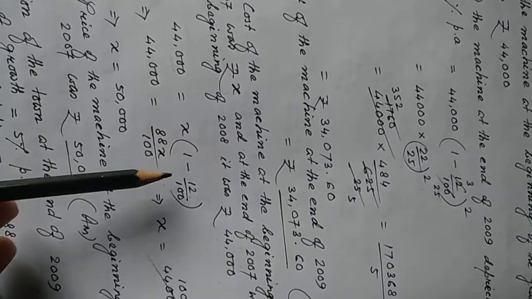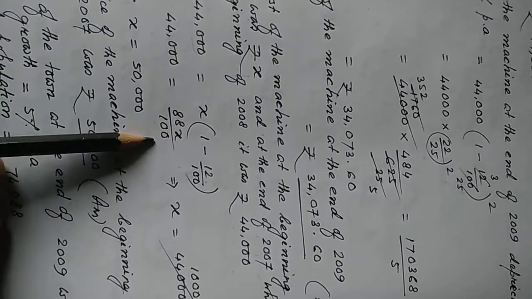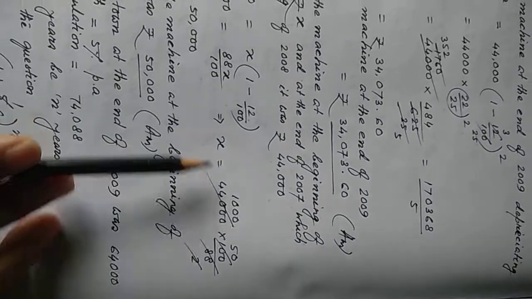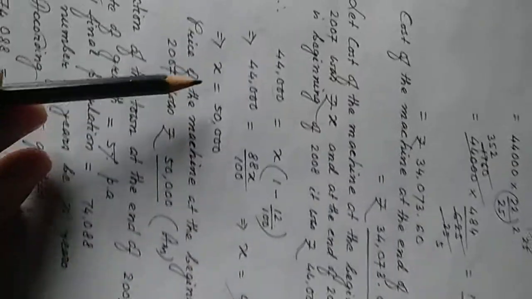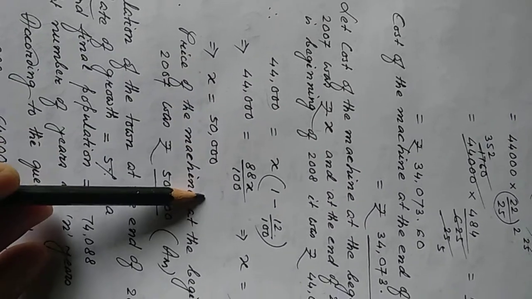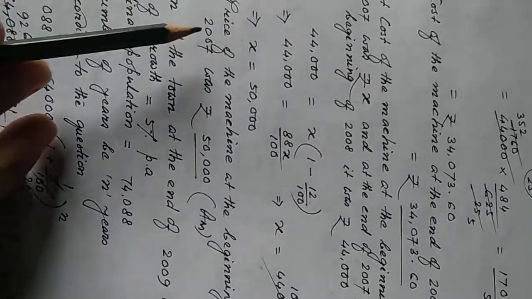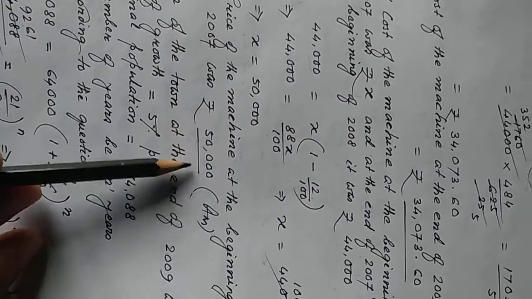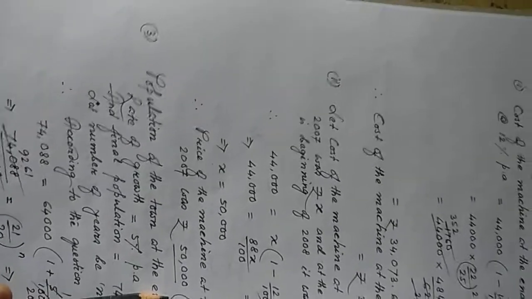Okay, so now solving it, this 44,000 equal to 88x by 100, and then x equal to 44,000 into 100 by 88, and doing calculation, this is coming x equal to 50,000. So therefore price of the machine at the beginning of 2007 was rupees 50,000. So this will be the answer.